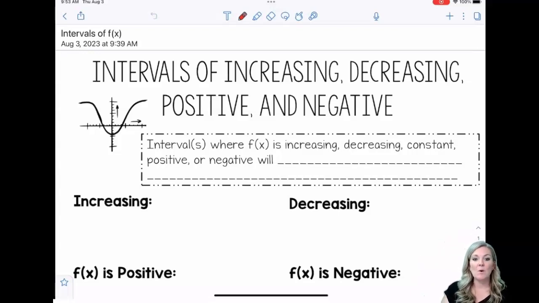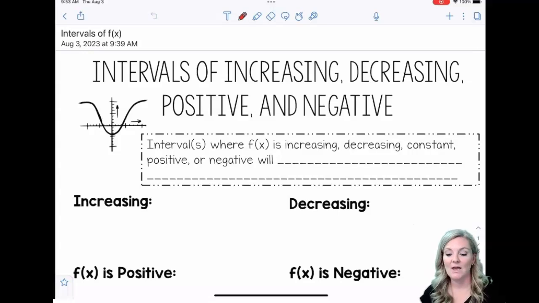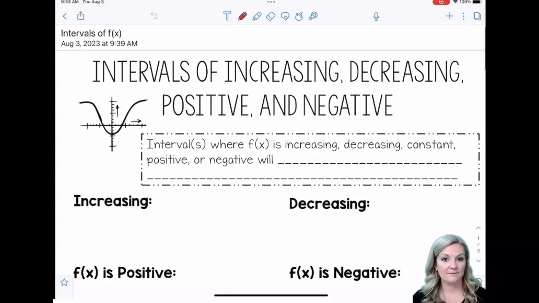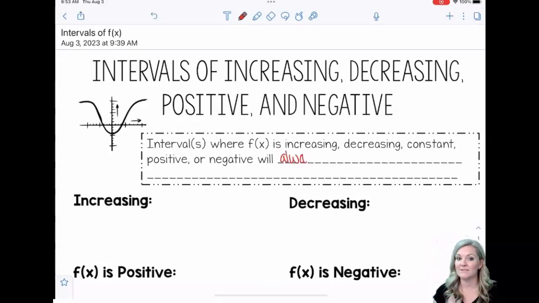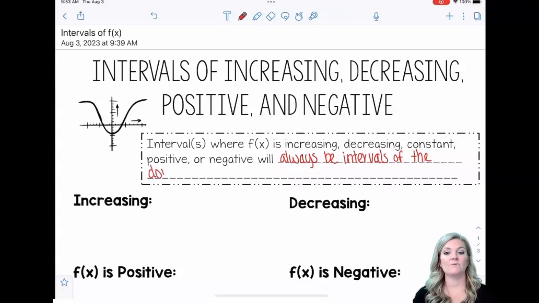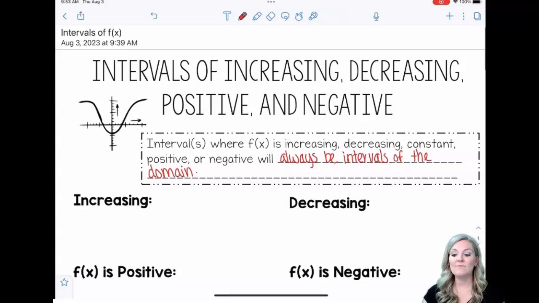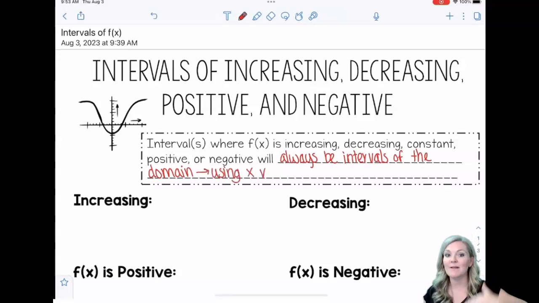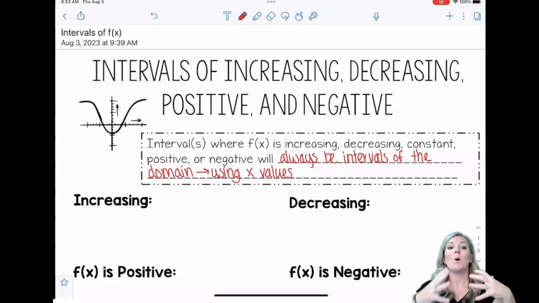So intervals where f of x is increasing, decreasing, constant, positive, or negative, those things are always, we don't get to say always a lot, but we've got to say it twice today, it is always going to be intervals of the domain, meaning that you are using the x values. Even though what we are talking about is the y values. We're talking about the y being positive. We're talking about the y going up.